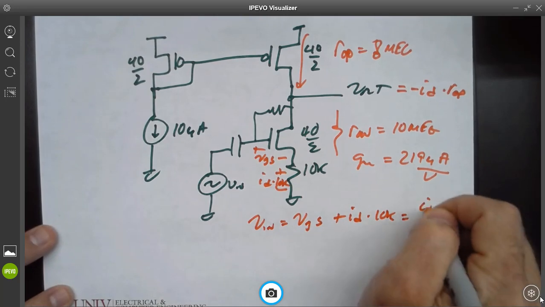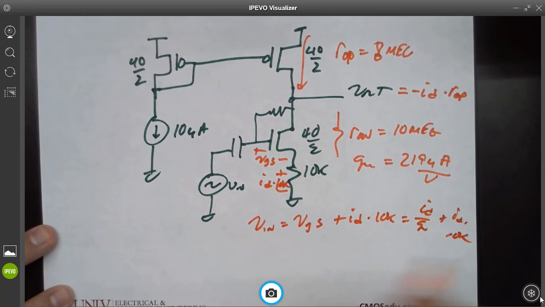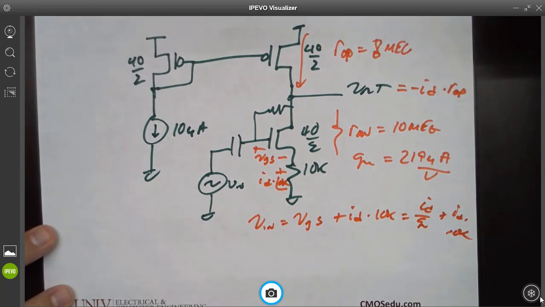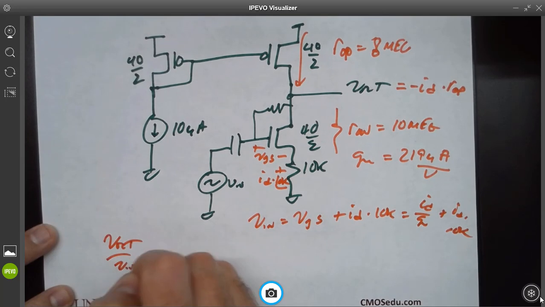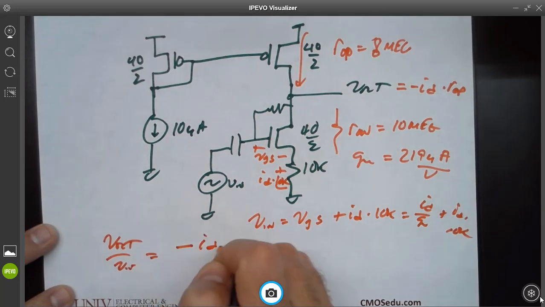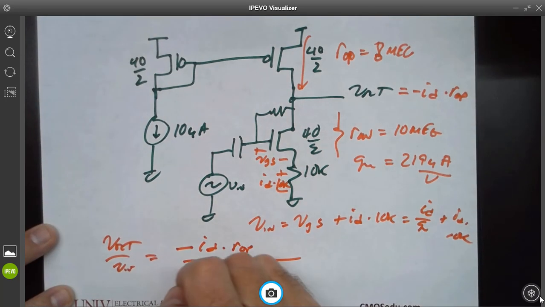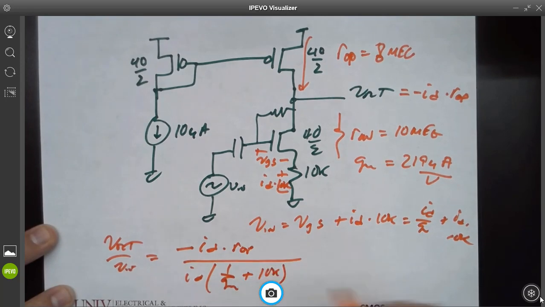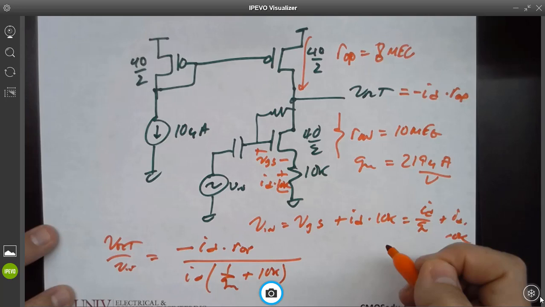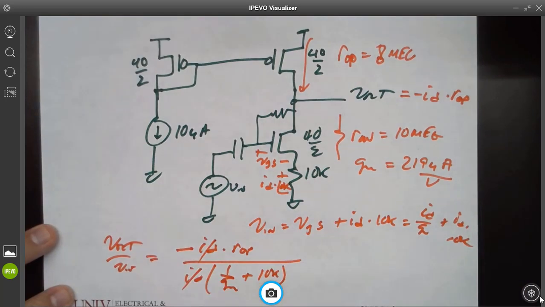Which is also equal to ID over GM plus ID times 10K. Then I can write V out over V in equals minus ID times R out P all over ID times 1 over GM plus 10K. Any questions about that?